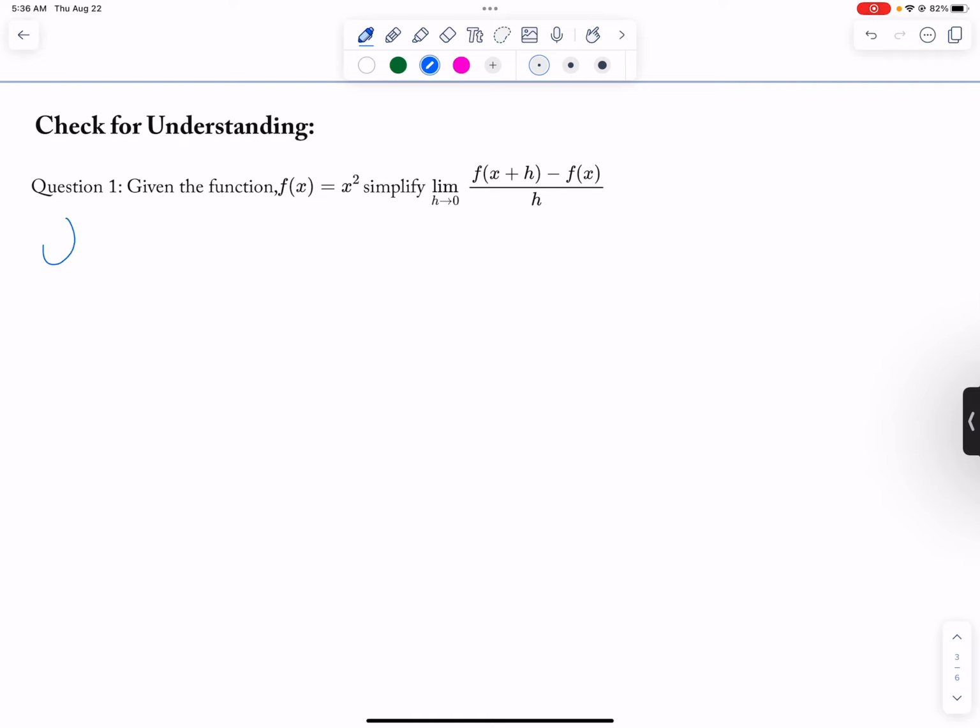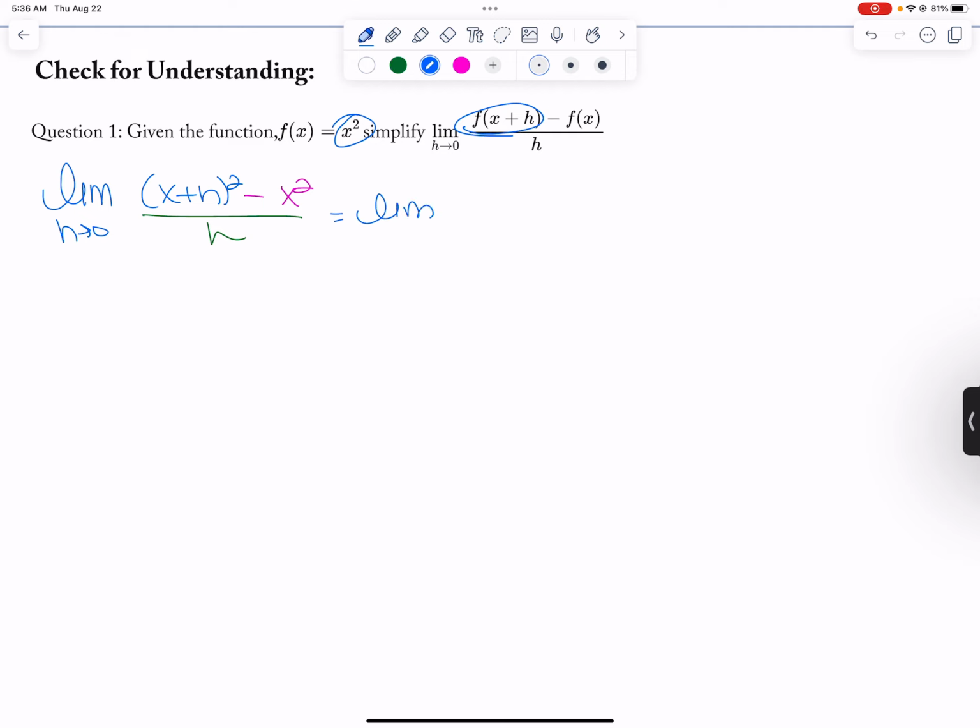Check for understanding. So I'm going to plug in x plus h for x squared. Subtract off my f of x, and then I'll divide it by h.